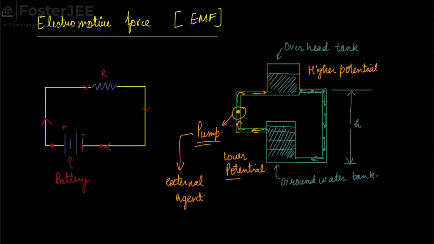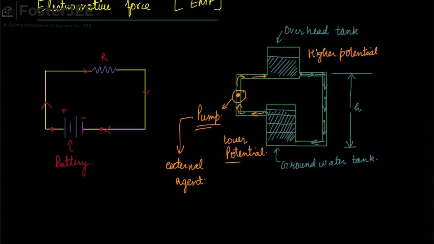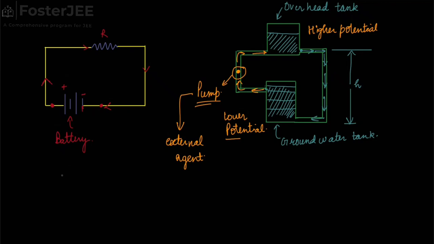That we will see. It is okay that in the circuit the current is flowing from higher potential to lower potential, but let's see what is happening inside the battery. Inside the battery we can see the charge is flowing like this. So this is negative potential or lower potential and this is higher potential.